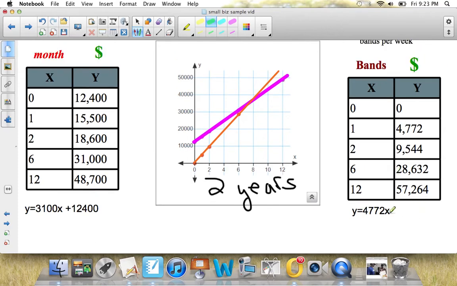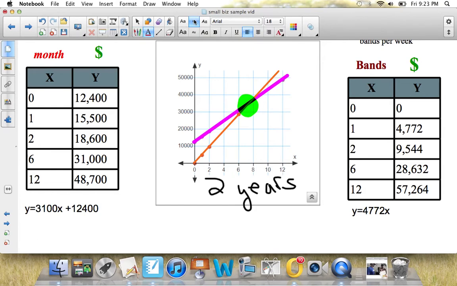So if I sell, the number of bands that I sell in 2 months, 6 months, 12 months, 2 years, times the amount per month is going to give me the total amount made. Once again, as an investor, I want to be able to see that because I want to know right here what is this point where my cost and my income meet each other and I become, ta-da, profitable.